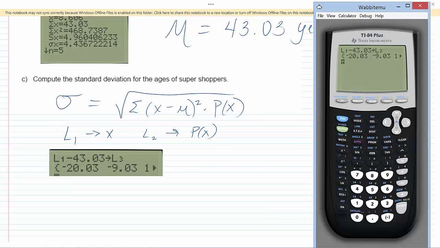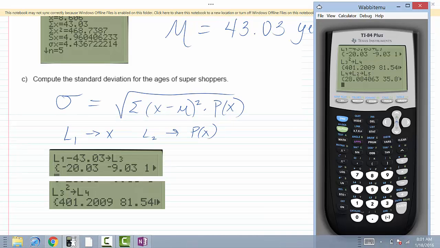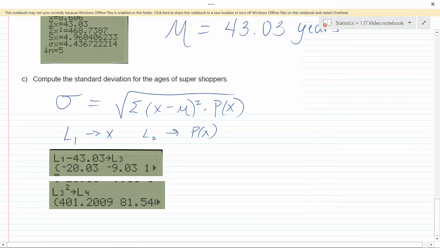I'm going to take L3 and square those values and store them in L4. And now I'm going to take L4 and multiply it by L2. Those were my p of x values in L2, and store that in L5. So what I've done was build that formula.